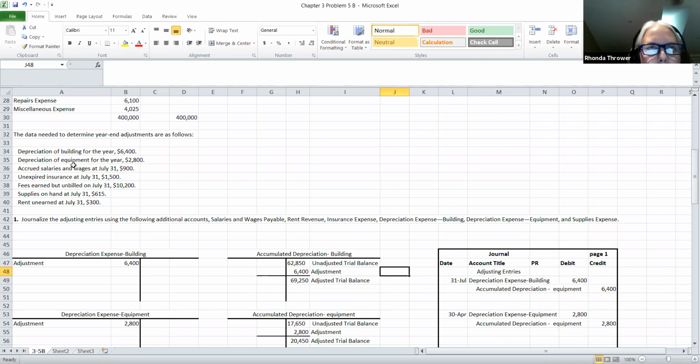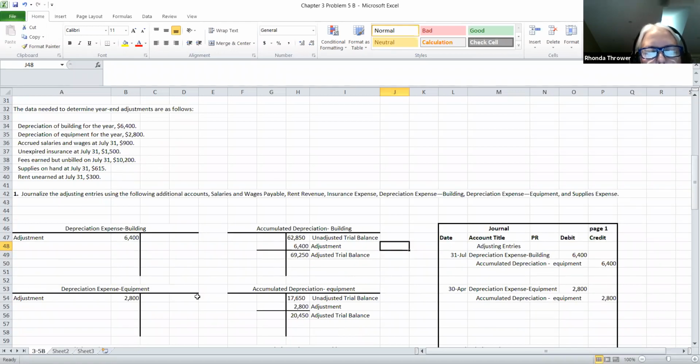Remember, plant assets are assets that you intend to use for a longer period of time than 1 year. And because we intend to use those assets, because we are using up the asset or consuming the asset, we are creating a depreciation expense. The amount of the depreciation expense on the equipment is going to be $2,800.